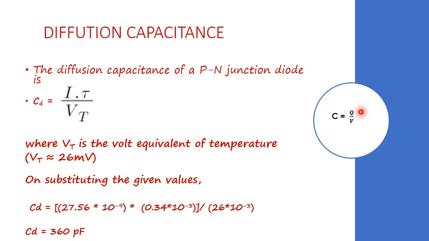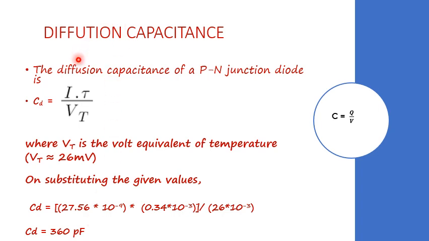So I can express Q as the amount of charge flowing per second, that is nothing but current times time, divided by Vt, where we represent this as the diffusion capacitance. Vt is approximately equal to 26 millivolt. You substitute all these values and you will get Cd equal to around 360 picofarad.